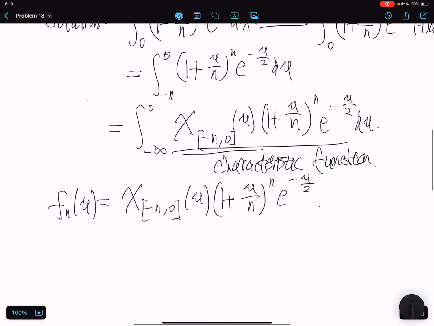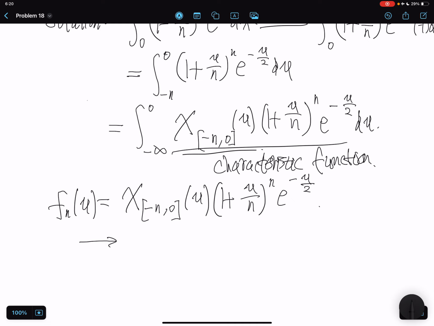So here we want to see if it can be bounded by some Lebesgue integrable function, and whether this sequence goes to some function, so we can apply the Lebesgue dominated convergence theorem to pass the limit into the integral itself, right? So here this goes to what?